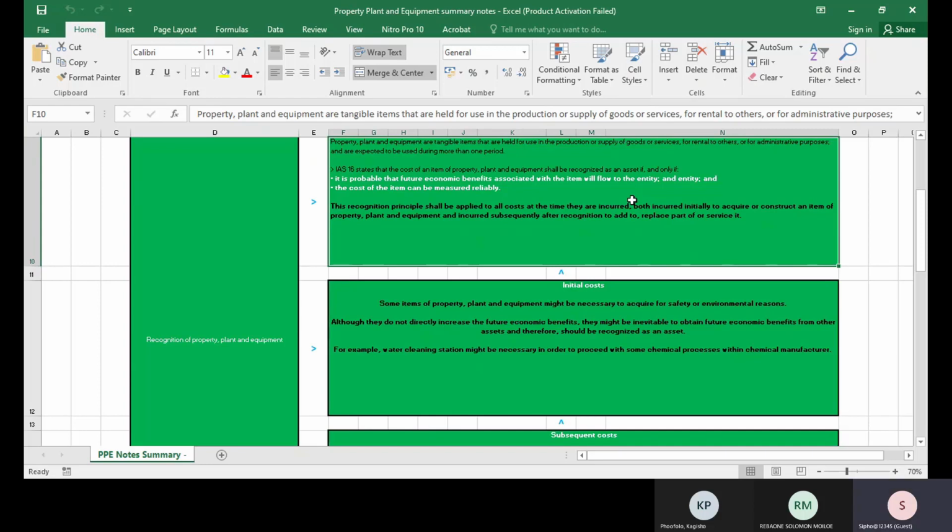Let's say we bought this plant, we're going to produce the milk. The question that I'm asking is, how can you prove that it's probable that, yes, you will generate the future economic benefits? In this case, you will be able to sell the milk and generate income or revenue. How can you prove the probability? How can you be sure?